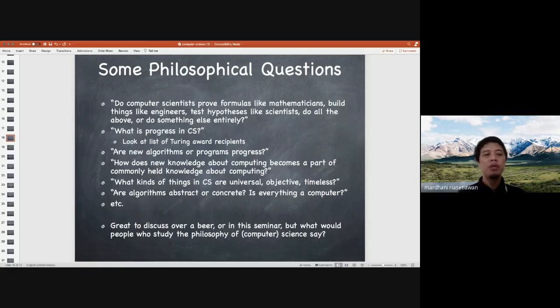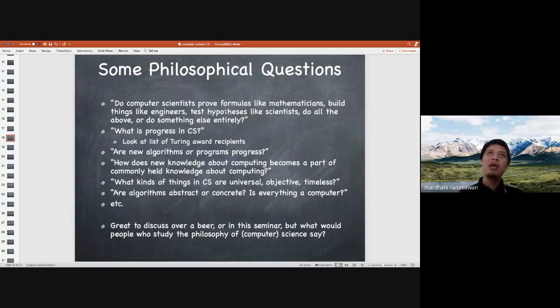For example: do computer scientists prove formulas like mathematicians, build things like engineers, test hypotheses like scientists, do all the above, or do something else entirely? I think the question describes what computer scientists actually do. We formalize mathematical things, and we also build things like engineers to have an environment for experiments and then test hypotheses.